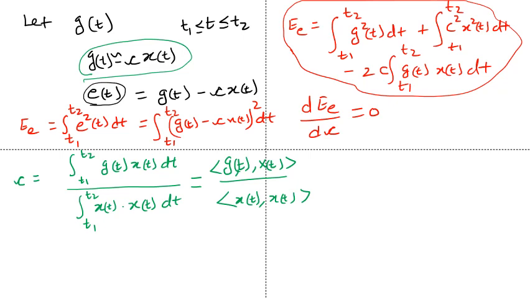Here also we have represented a signal g(t) in terms of x(t), and we get the expression of c, which minimizes the error energy, equal to the inner product of g and x divided by the inner product of x with itself. In the previous slides we saw the expression of c, and here also we have seen it.